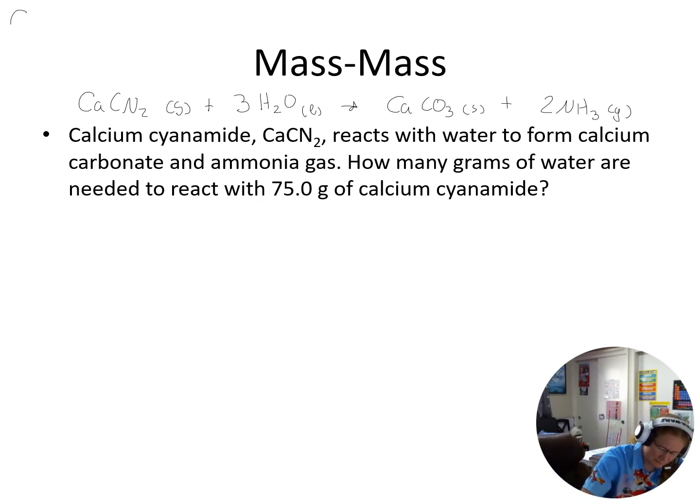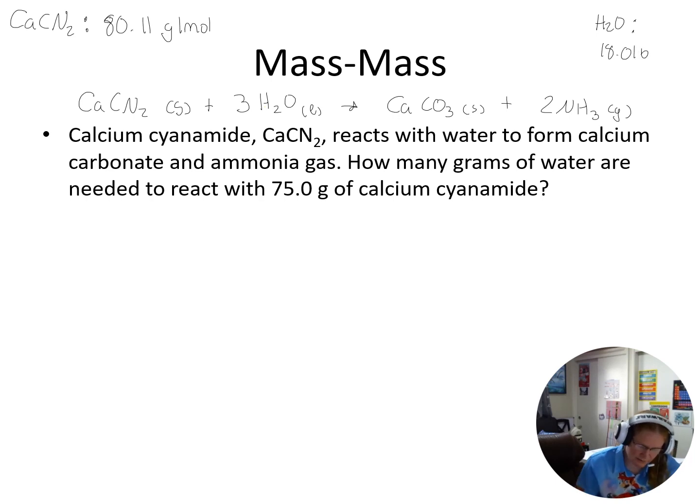So calcium cyanamide's 80.11 and water is 18.016. Okay, and so hopefully you're solving, so try to set up the whole solution and see what you get. All right, so you should get this.